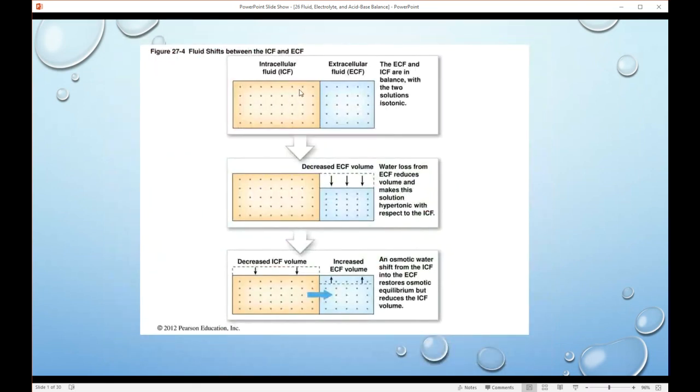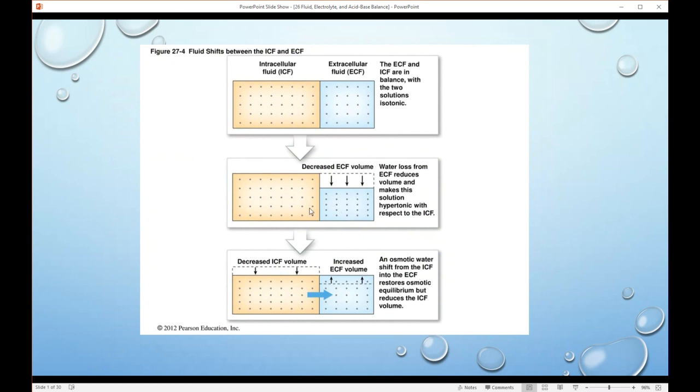So when our extracellular fluid and our intracellular fluid are in balance, we would call these two solutions isotonic. They have the same number of solutes spread out within the water content. When we have water loss, like we become dehydrated, that's going to make the solution more hypertonic in relationship to our intracellular fluid, because we sort of pushed those solutes down, so it's more concentrated now.